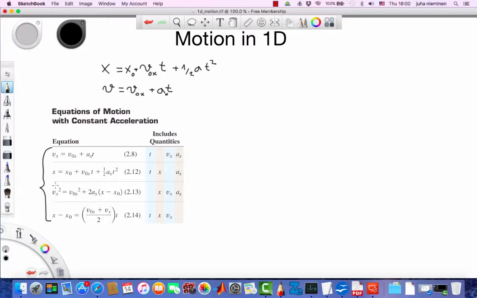So for example, in the third row, we don't know anything about the time itself, but we know the acceleration and the position of the object, and in that case we can calculate the velocity. And this table has all these combinations for all the quantities one would like to solve.